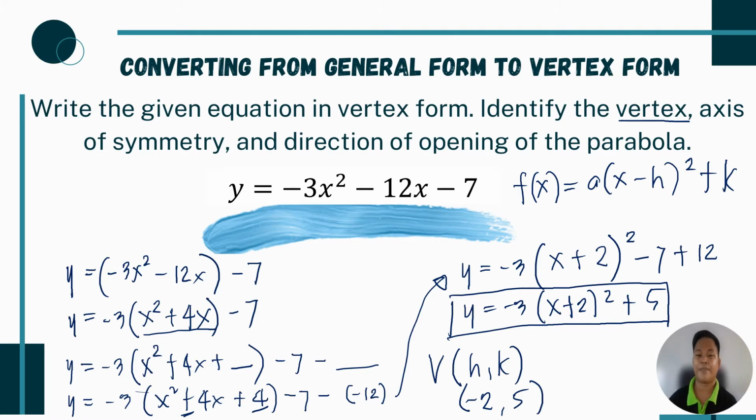Therefore, the vertex of this given quadratic function is at negative 2, 5. And the axis of symmetry is the value of h. Thus, x is equal to negative 2 as our axis of symmetry. And for the direction of the opening of the parabola, since a is less than 0, the parabola opens downward.